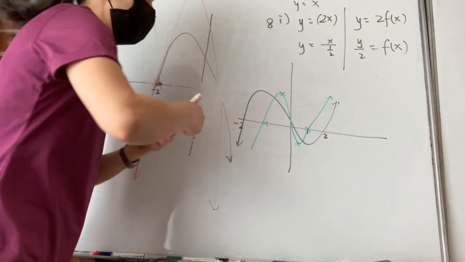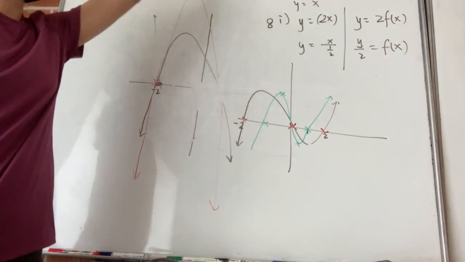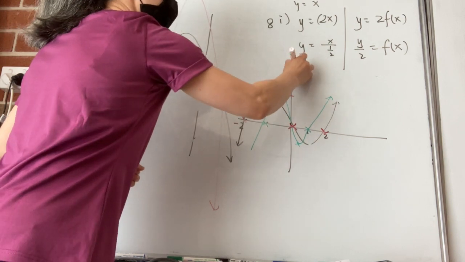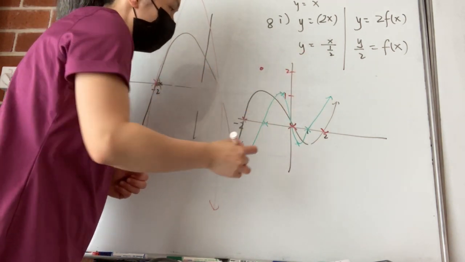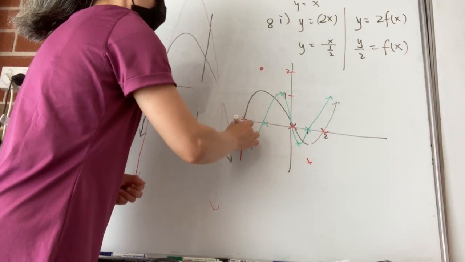When you pull it up, remember the points on the axis stay, and then the rest go up double. So instead of having it at 1, now you have it at 2. And this one, instead of having it at 1, oh my, 1 and 2 is so far apart.